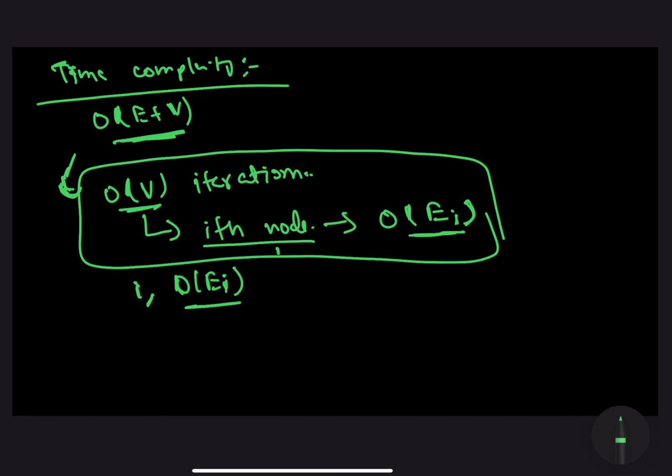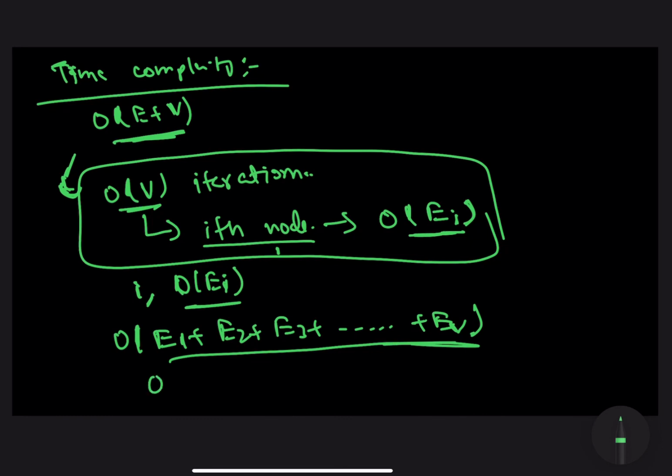So if we sum this all up for all of the nodes, we would get O of E of 1 plus E of 2 plus E of 3 ... E of V. All right, and this in total is equal to, for an undirected graph, O of 2 star E, where E is the number of edges.